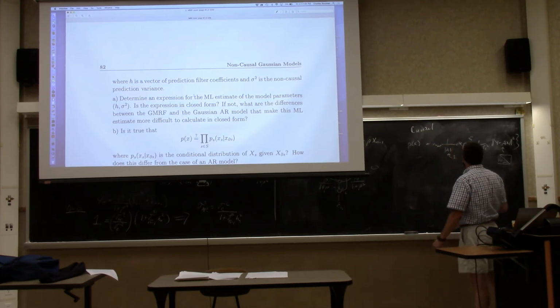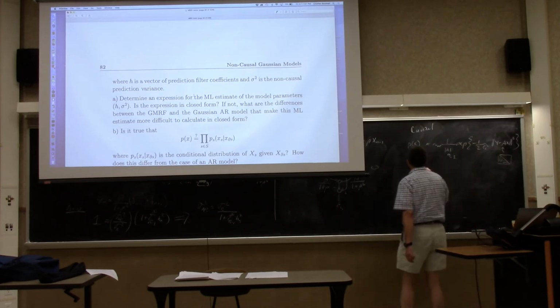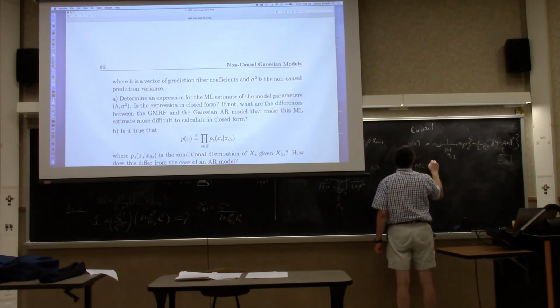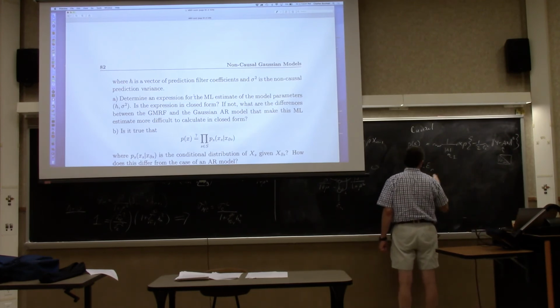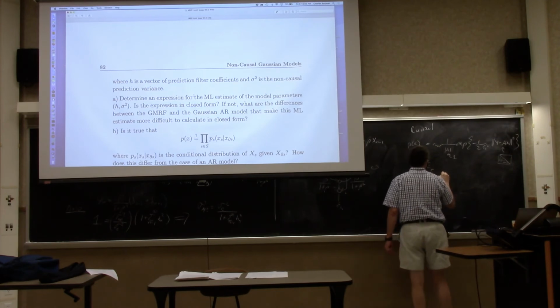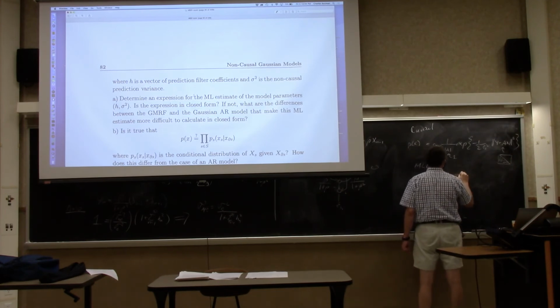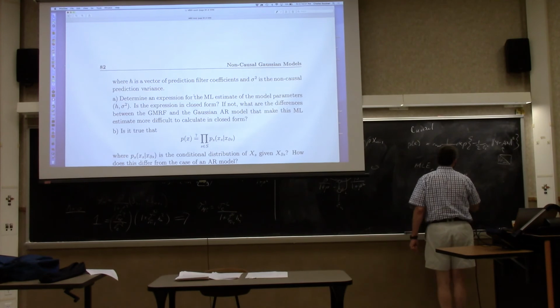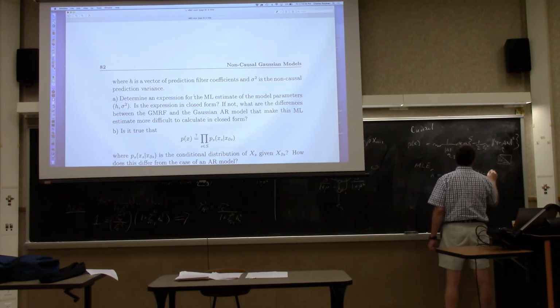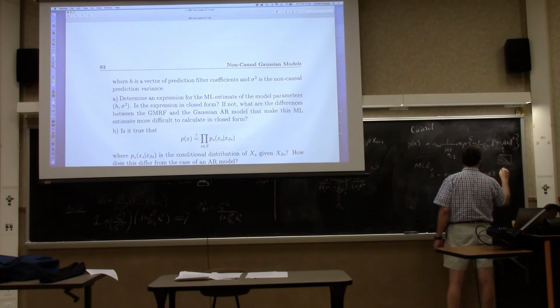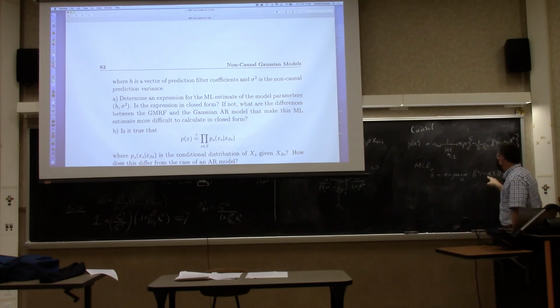And then there was some other stuff here, okay? So when we do the maximum likelihood estimate, the ML estimate was h hat equals the arg min over h of y minus Ax. And A was really a function of h, okay?